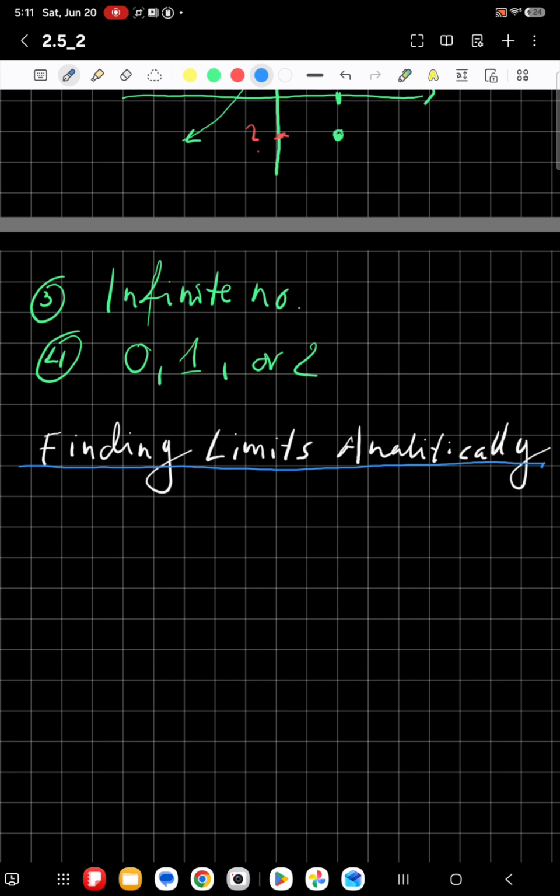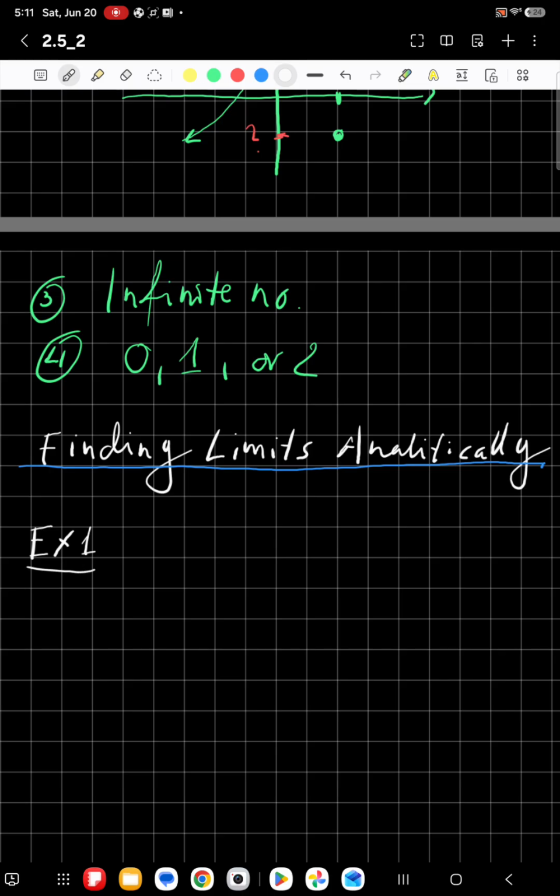Okay, so what is this about? It's about the first topic in section 2.4, when we talked about infinite limits, not limits at infinity, but infinite limits. So I want to give you more examples and a couple of points.